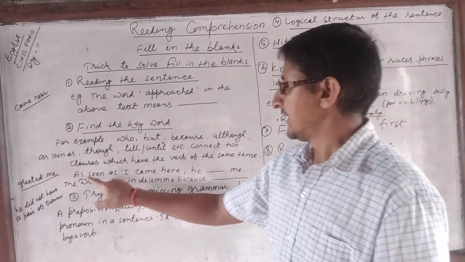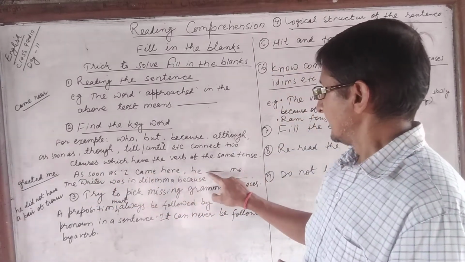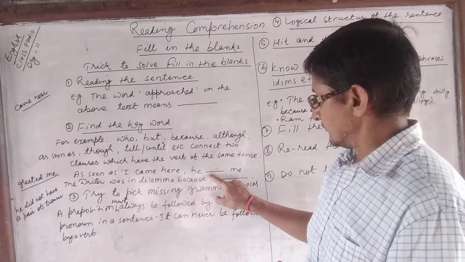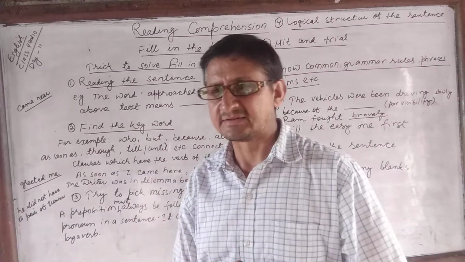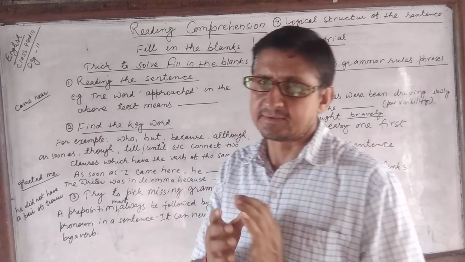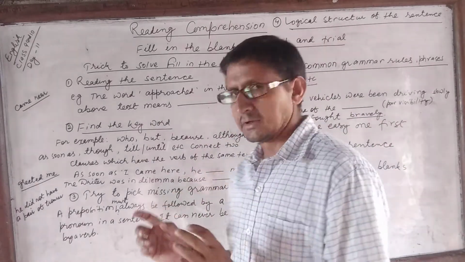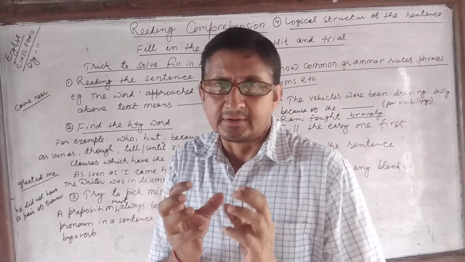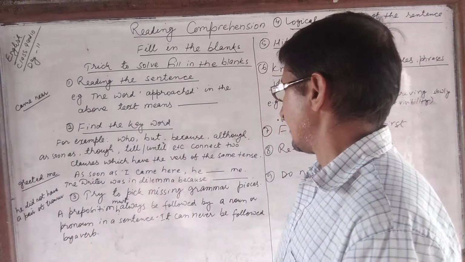For example, as soon as I came here, he, me. This is in past tense, so the word in this blank must be in past tense. In this way, with the help of the keywords, you have to determine which word is appropriate in the blank.